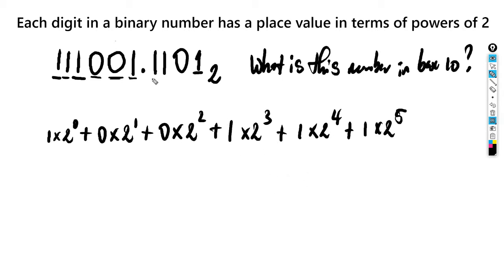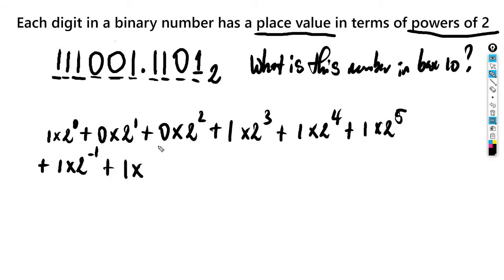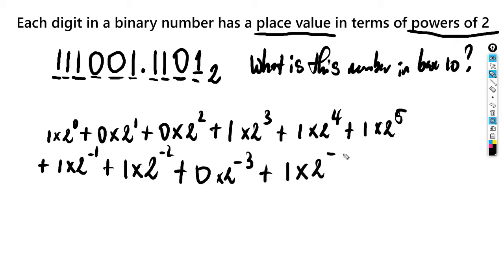All right, and then let's look at these now, which are also place values in terms of the powers of 2. So to add this one now, you're going from 0 to negative 1, so it would be 1 times 2 to the negative 1 plus 1 times 2 to the negative 2 plus 0, this 0 here, times 2 to the negative 3 plus 1 times 2 to the negative 4, which is this one here.